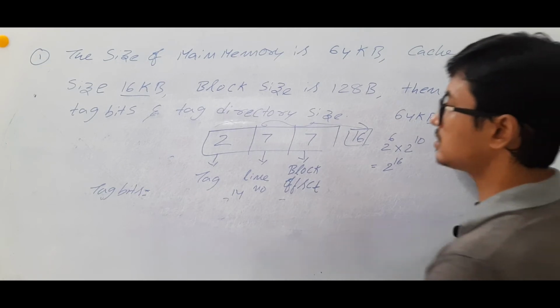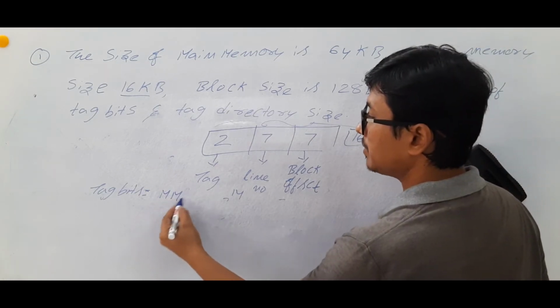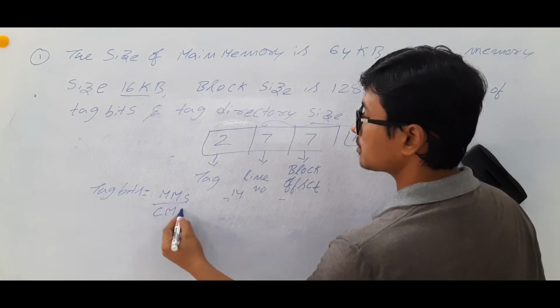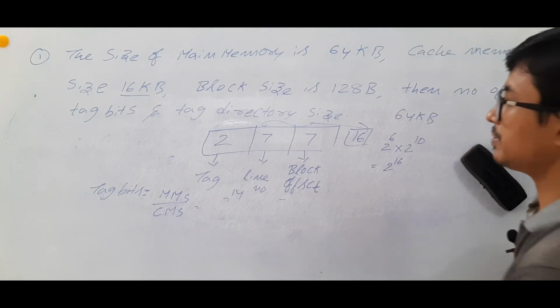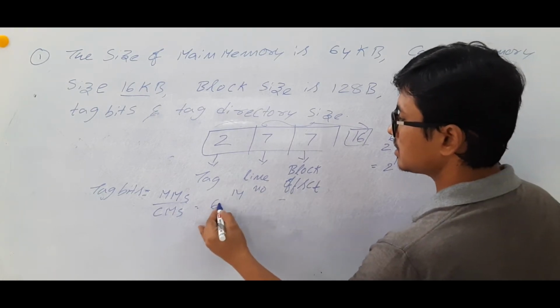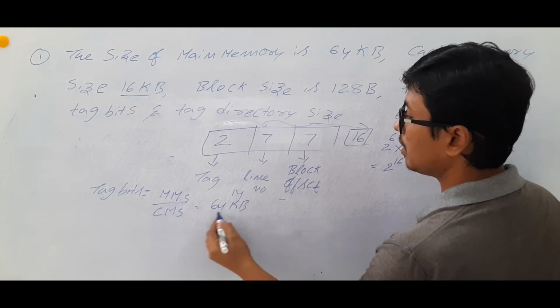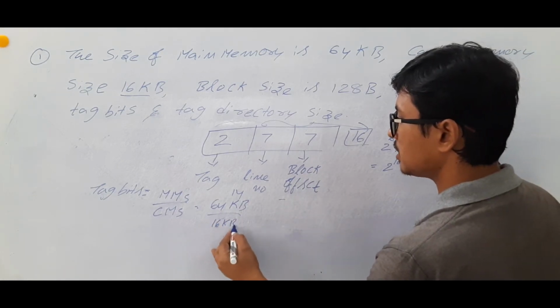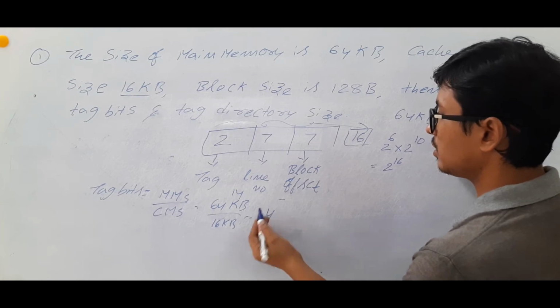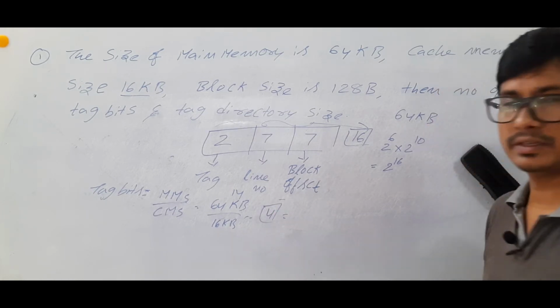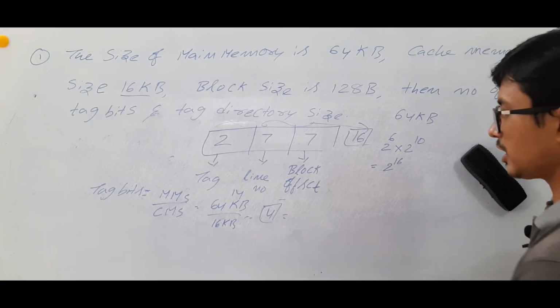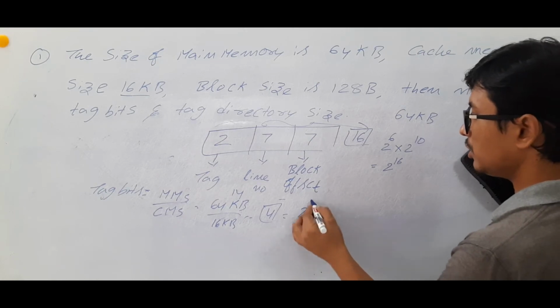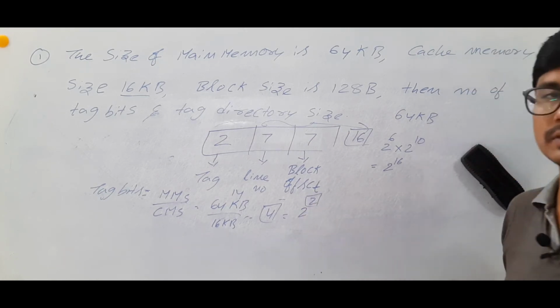The number of tags is equal to main memory size by cache memory size. What is the main memory size? 64 KB. What is the cache memory size? 16 KB, so 64 KB by 16 KB is equal to 4. So you need 2 tag bits.